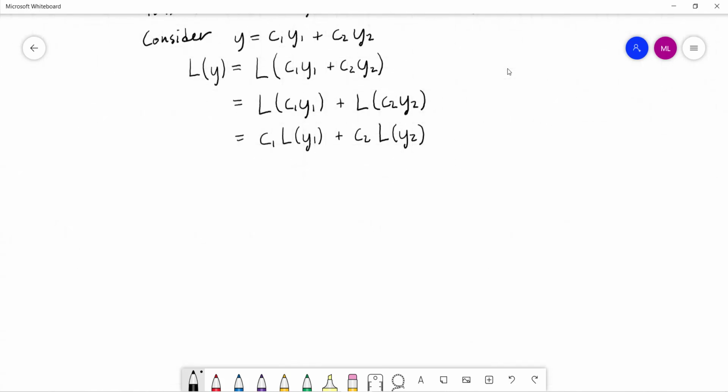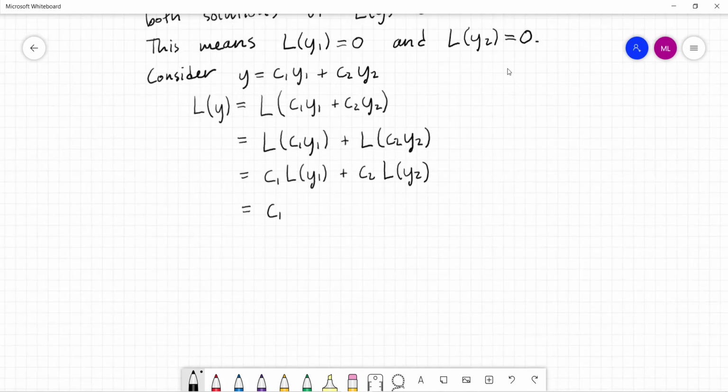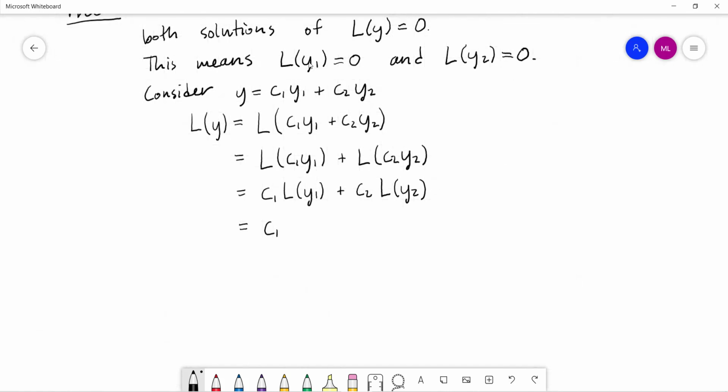But what is L of y1 and what is L of y2? So this one's going to be c1 times L of y1, but we already know that because y1 individually is a solution of the differential equation, this term will be equal to 0. This is what it means for it to solve this differential equation. So it's going to be c1 times 0 plus c2 times L of y2, but we also already know that L of y2 has to be equal to 0 for y2 to be a solution of the differential equation.